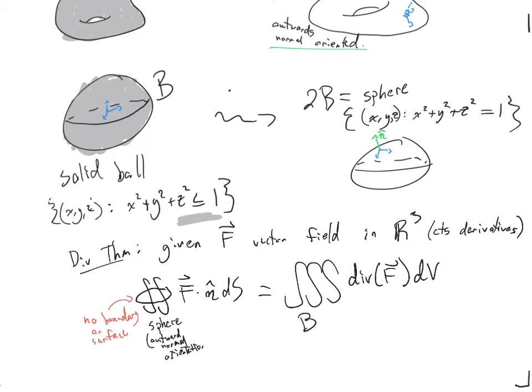So the sphere works fine, but you can't take a surface which is a rectangle because it itself has a boundary. So you need to pick something where it has no boundary points of its own. So you can't pick something that you can then use in Green's theorem, basically.